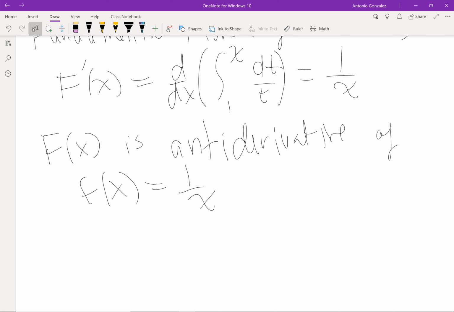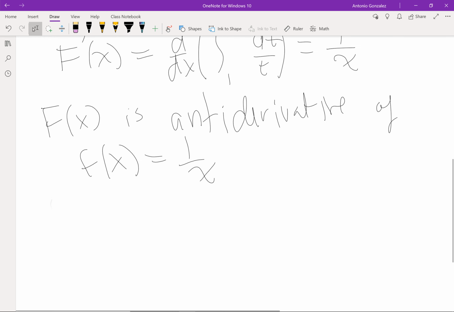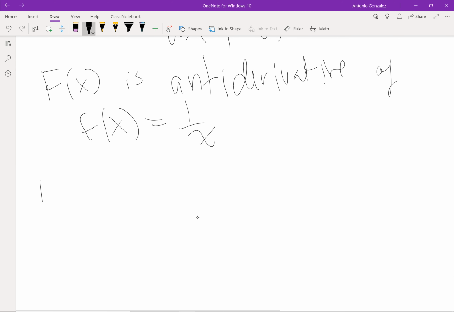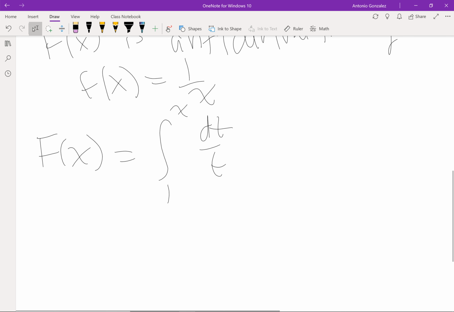It could be just some constant a, as long as it's in the interval 0 to infinity, and that would still yield the same result. So why do we choose to define it at 1? The reason is that this particular function has the following properties.